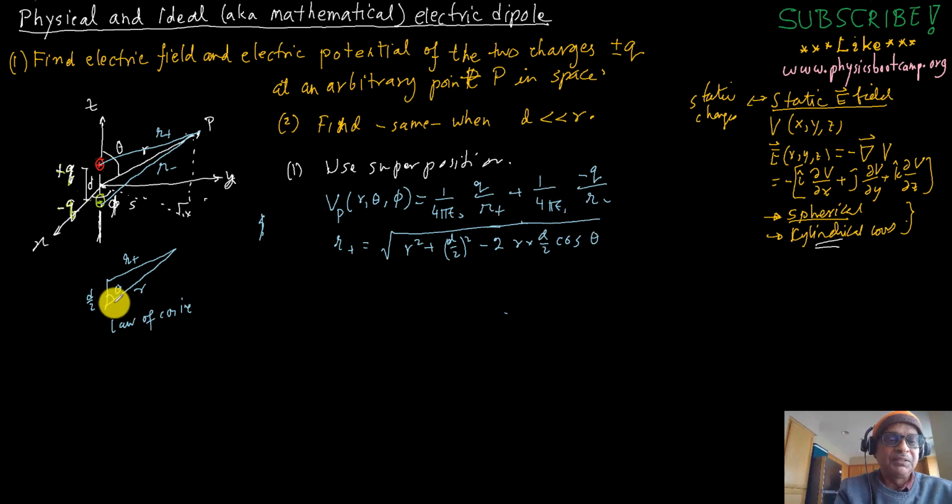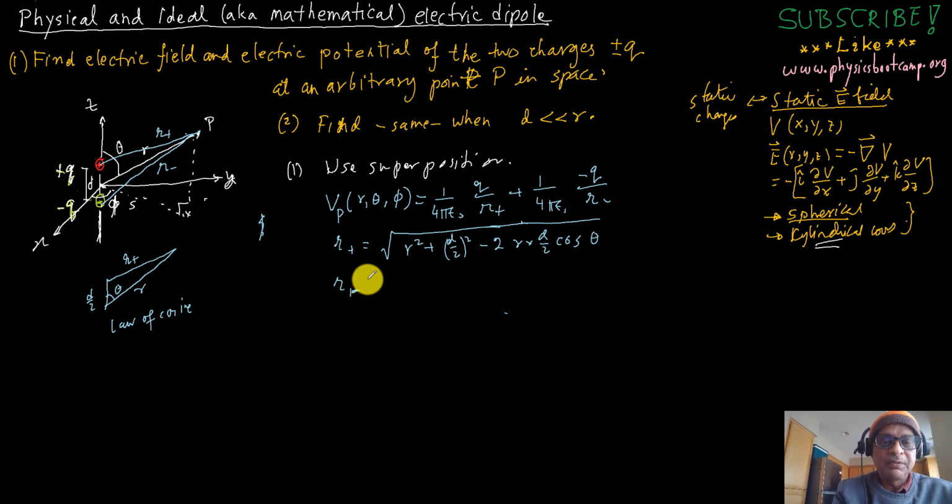You can see if theta was 0, then it's just r minus d over 2. And if theta is pi, then it's going to be bigger. So this minus sign works out fine.